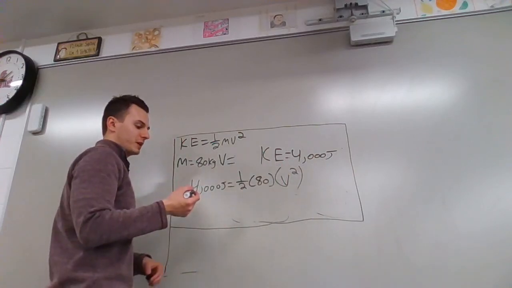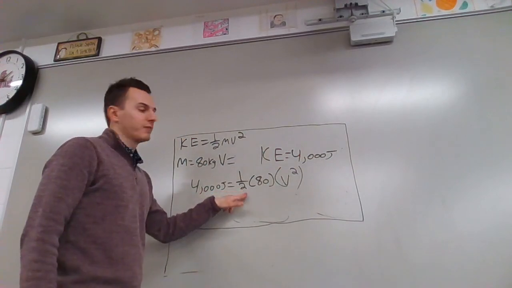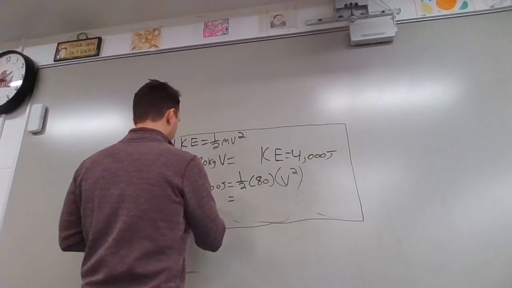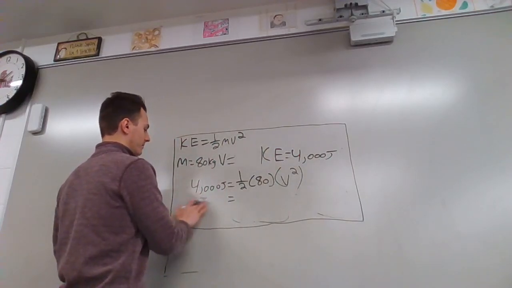So there's a couple things we can do. First thing is we can take this 1/2 and times it by 80. And so now we're left with 4,000 J equals 40 times v squared.